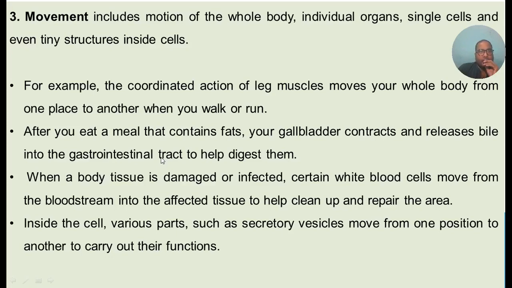So digestion is carried out by the alimentary canal with the help of the liver, which releases bile, and the gallbladder. Whenever we have milk, the gallbladder releases bile into the GI tract to help digestion. So digestion is completed with the help of movement.